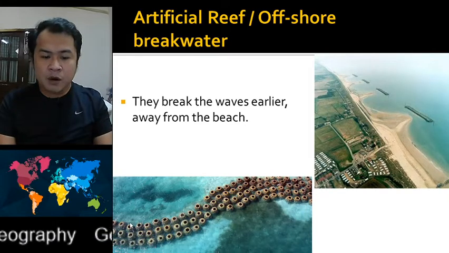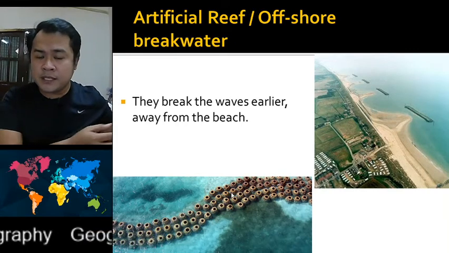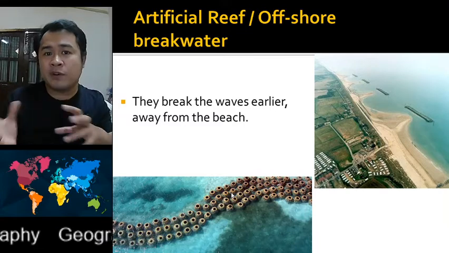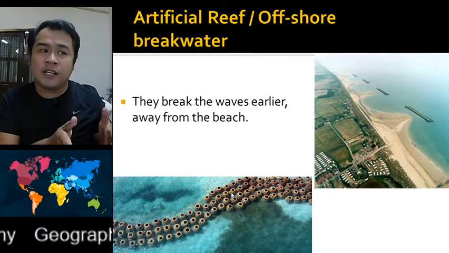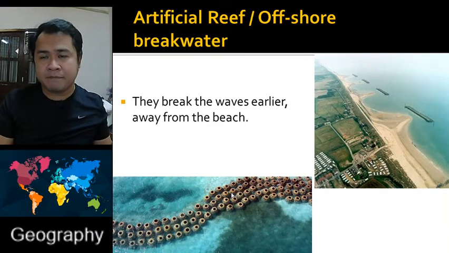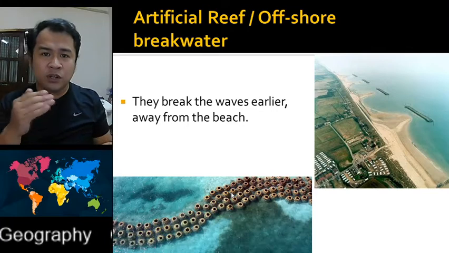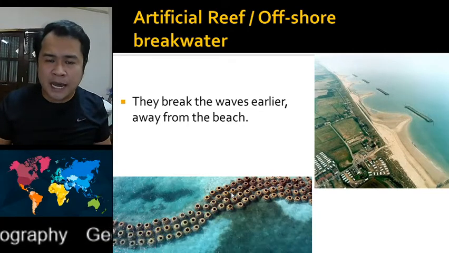Now here is an artificial reef. Before it goes towards the beach, the waves will now break. It will create the swash before it comes into the shoreline. So that means energy is now lesser, and erosion will not happen that much.